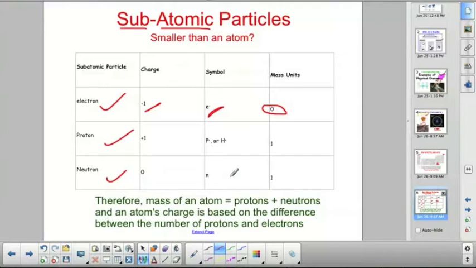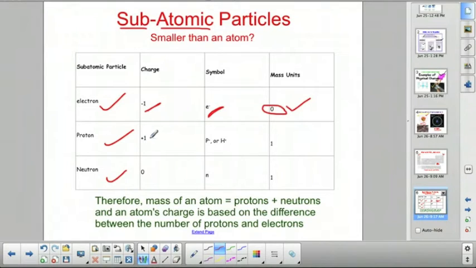The flea's mass would be so small compared to the blue whale that if the flea was on top of the blue whale, it wouldn't matter, right? You wouldn't be able to measure that difference. So we say that the mass of the electron is actually negligible. We assume that it's 0. It's not technically 0. We'll talk about that later on. But it's so small it doesn't matter compared to these guys.